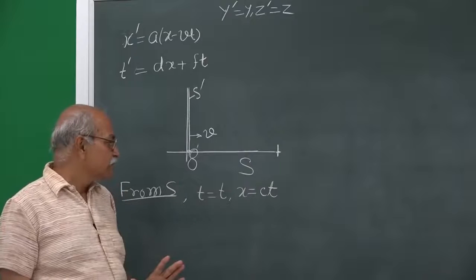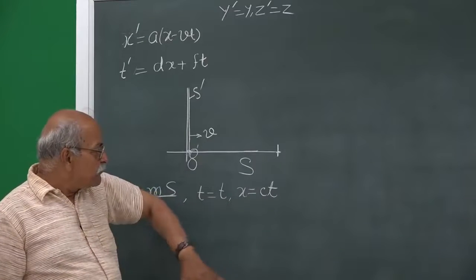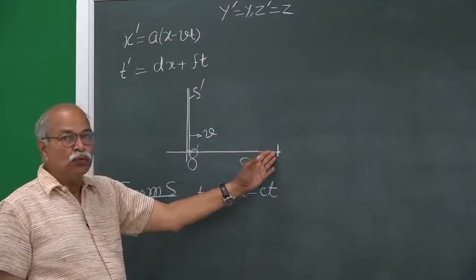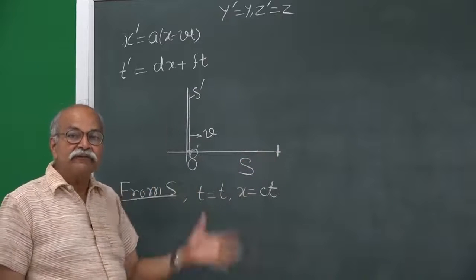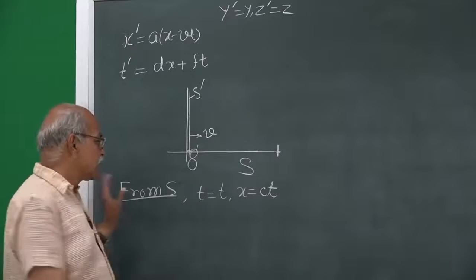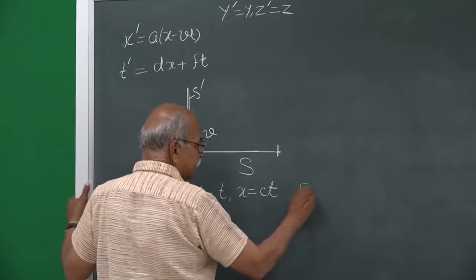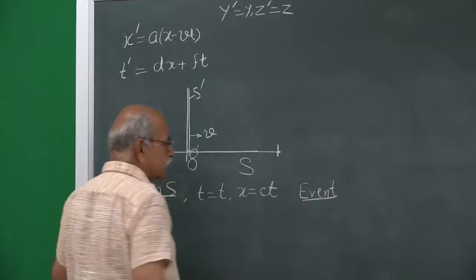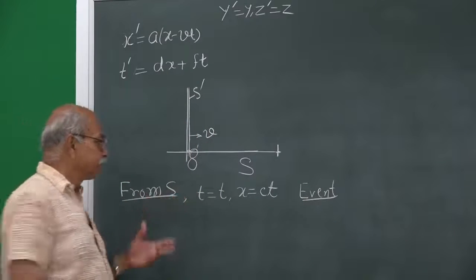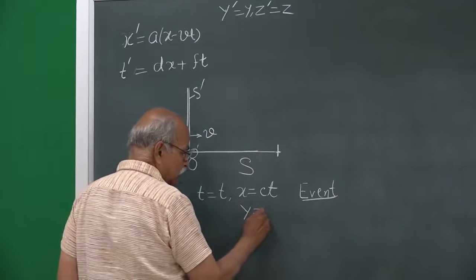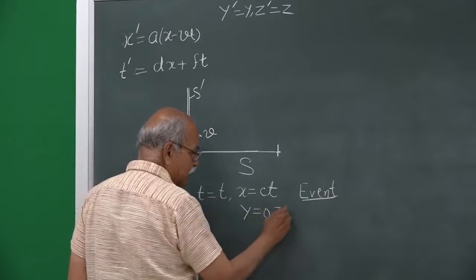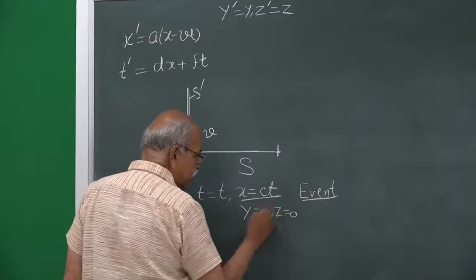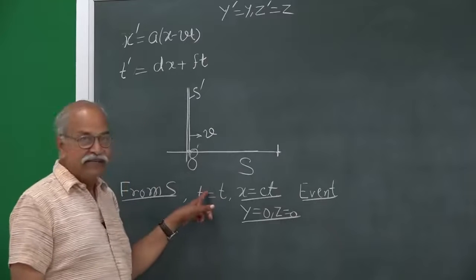So, this is our event. When we say this is the coordinate and this is the time, we are giving the event. So, y is 0, z is 0. This gives where and this gives when.